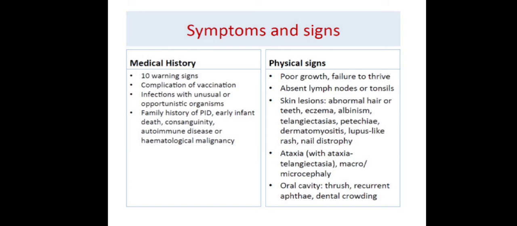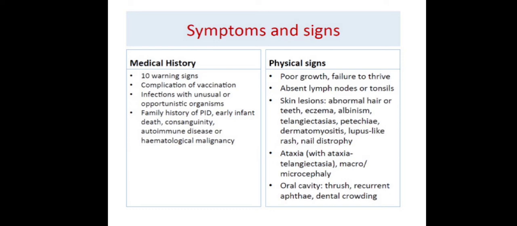Physical signs, as already told: poor growth, failure to thrive, absent lymph nodes or tonsils, skin lesions, abnormal hair or teeth, eczema, albinism, telangiectasias, petechiae, lupus-like rash, dermatomyositis, nail dystrophy, or ataxias, thrush, recurrent aphthae, dental crowding. These are some signs on physical examination which coincide with primary immune deficiency. This one is taken from Nelson.